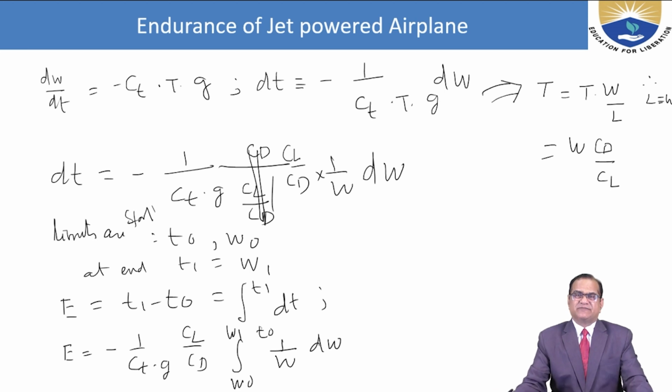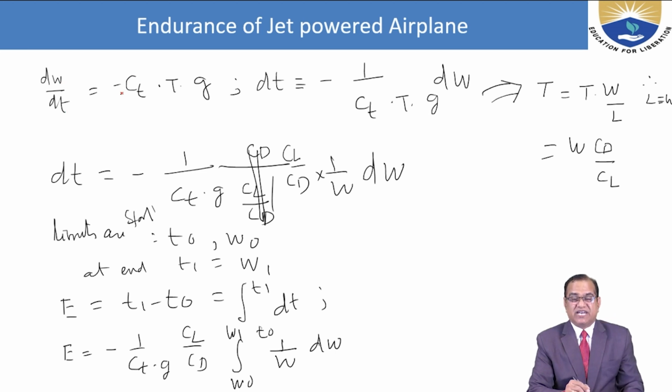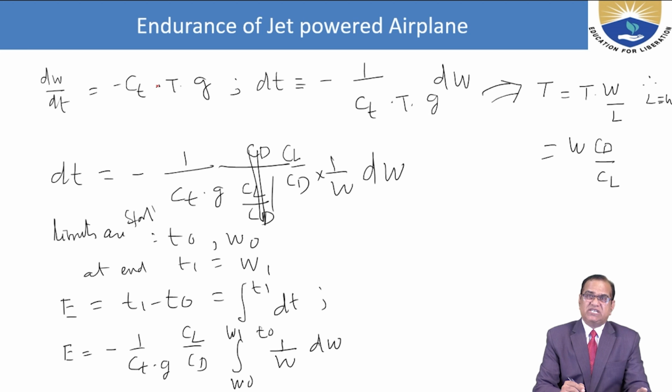Now we will see the change in the weight, because as the aircraft is flying, fuel is consumed. So the rate of change of the weight of the aircraft, dW by dt, is always negative, and this is here Ct. C with subscript T stands for the thrust specific fuel consumption of the thrust producing engine.